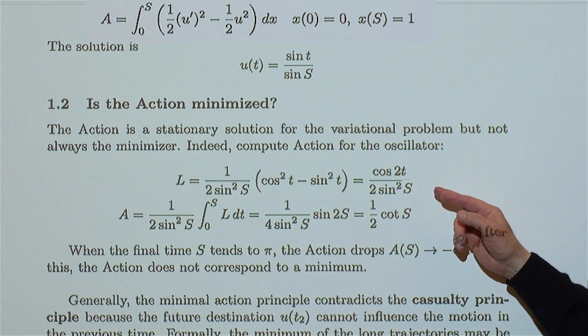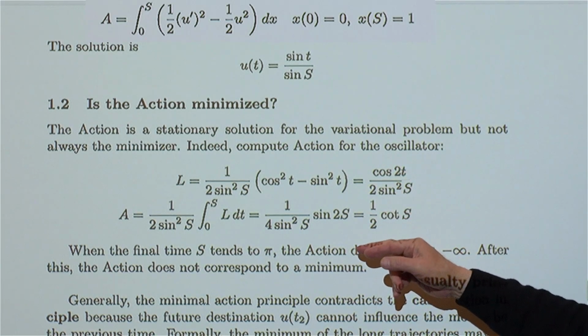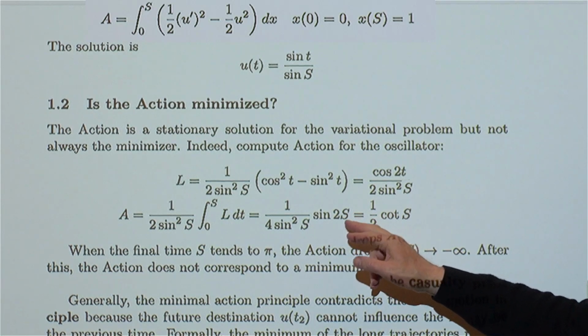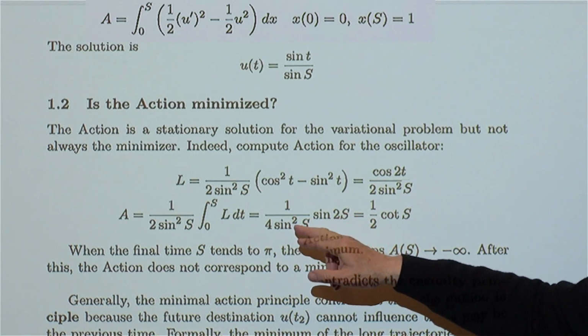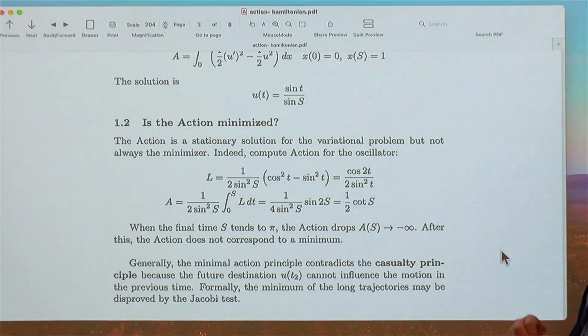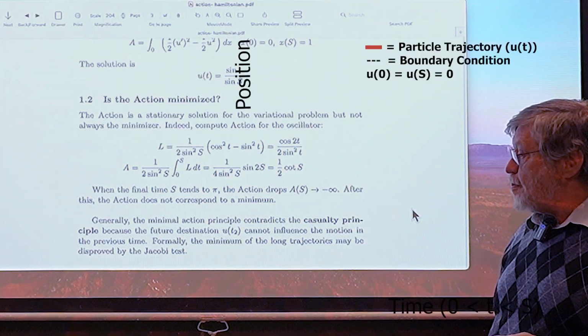And then the action: when we integrate cosine, we get sine of 2s in the end, and because sine of 2s is a product of sine and cosine, one sine cancels, and we get cotangent s. S, I remind you, is the end point of the trajectory. So when the final time of the trajectory moves and approaches pi, the action, the cotangent, approaches minus infinity.